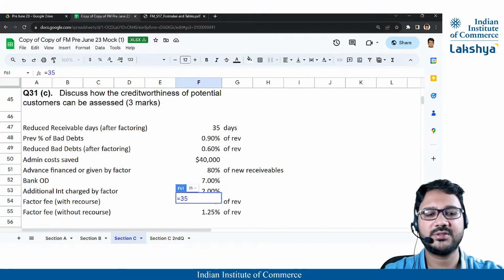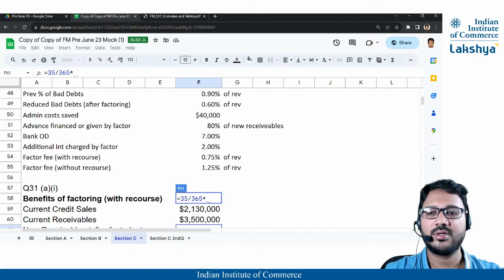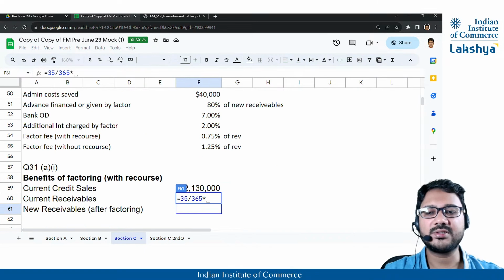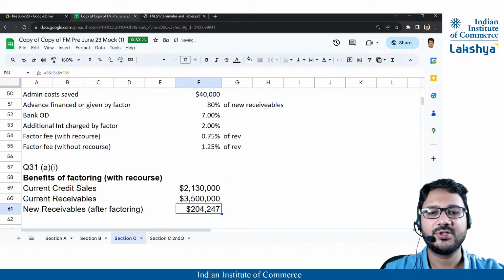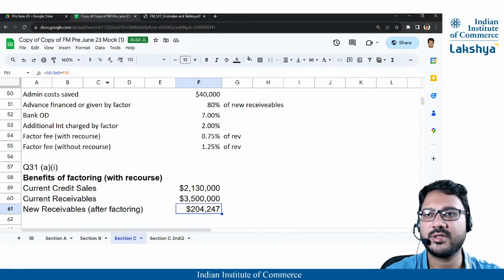So 35 days divided by 365 into the, we value our receivables on sales, so into this. So it will reduce to 204 to $47. Okay. So wait, let me just see if I took everything correctly. New receivables 35.